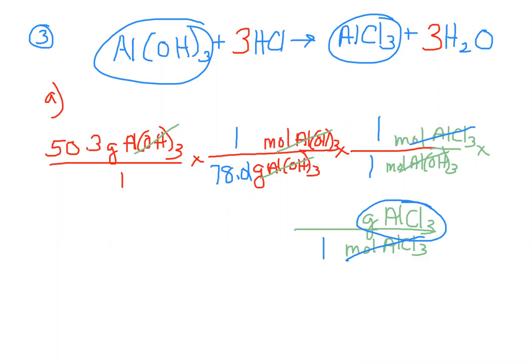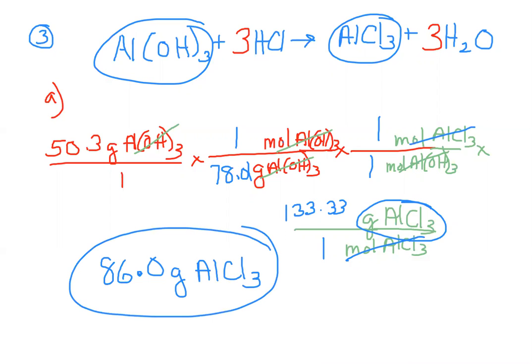You're going to look that up on the periodic table, and it should be 133.33 grams. Do this problem on your calculator, and you should get 86.0 grams of AlCl3. And that's your answer.